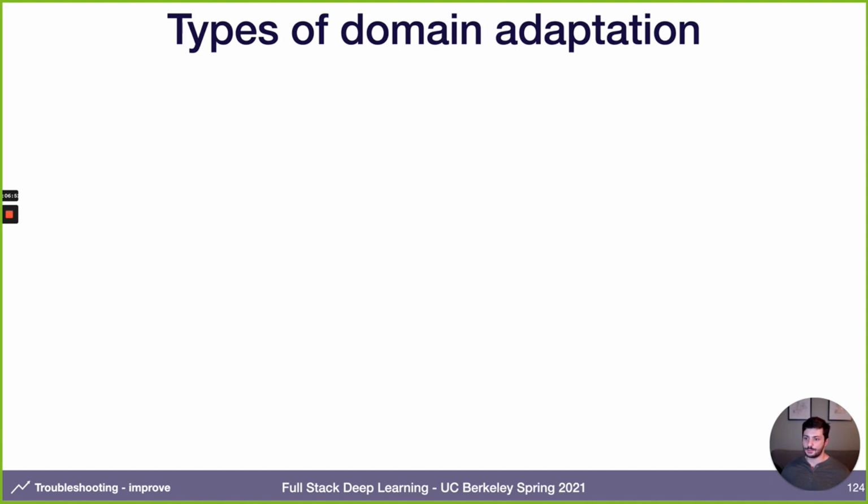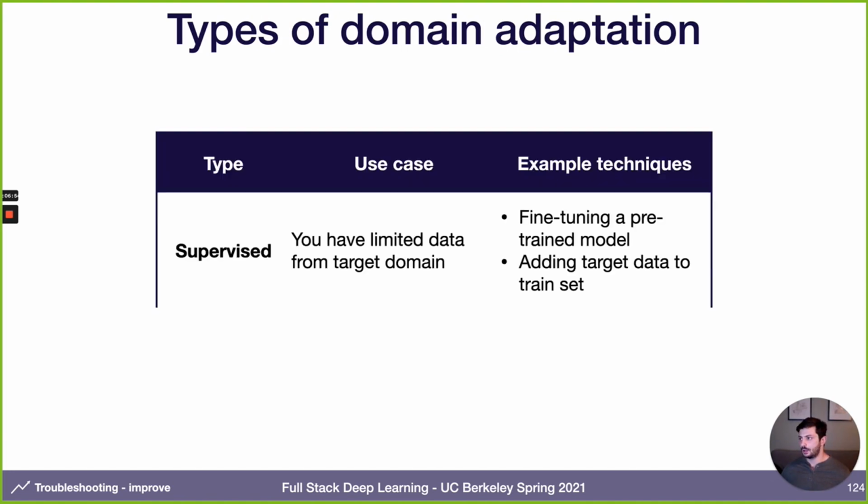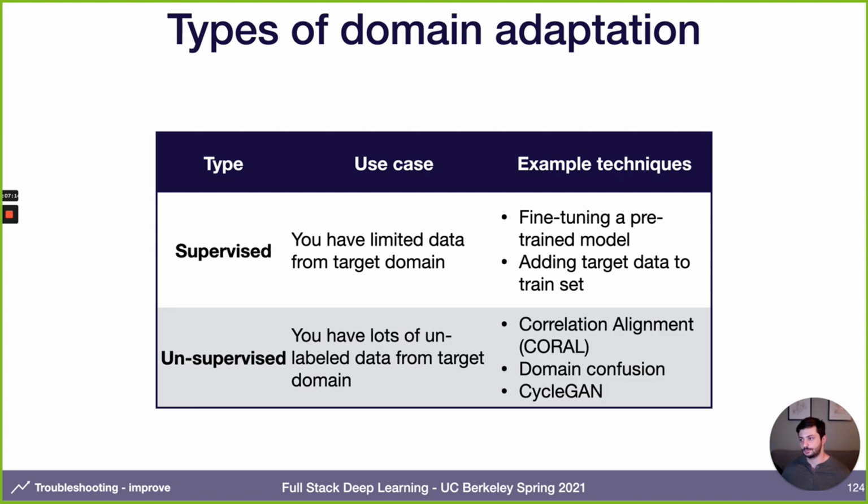There's a few different types of domain adaptation that you'll see. So there's supervised domain adaptation, where you have, let's say, some limited amount of data from your target domain. And so some examples here are as simple as just fine-tuning a pre-trained model or adding the data from your target distribution to your training set. But there's more complicated techniques here as well.